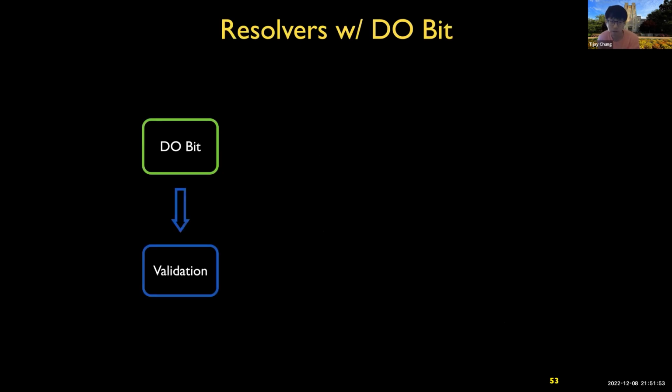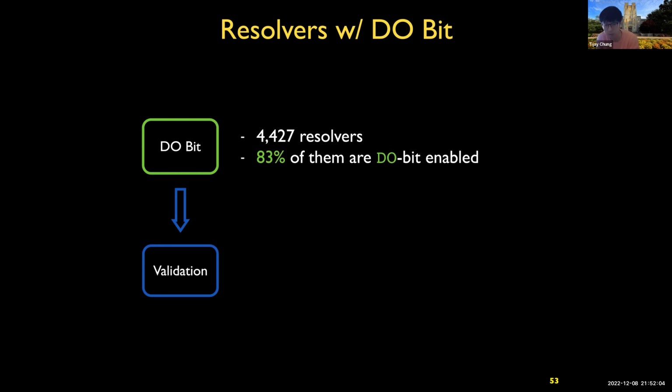So using this methodology, we find that nearly 4,000 resolvers enable the DO bit. We found about 4,000 resolvers, and 83% of them are DO bit enabled, which means they seem to support DNSSEC, which is good.